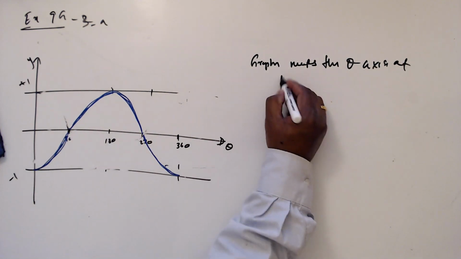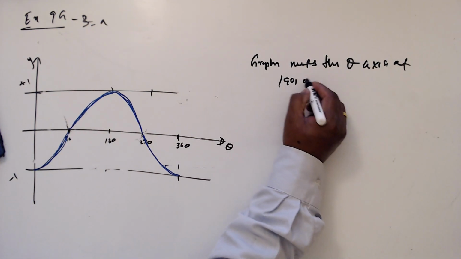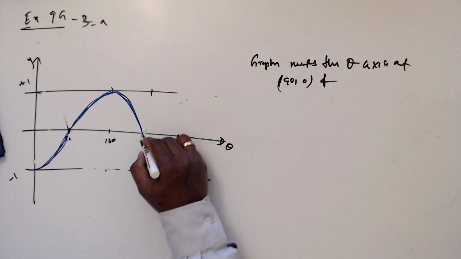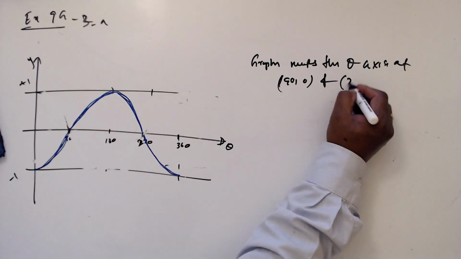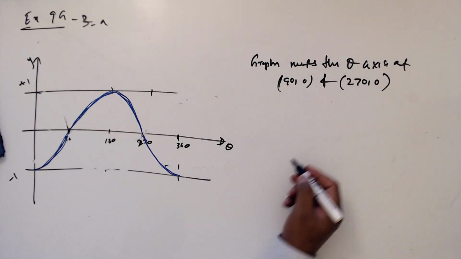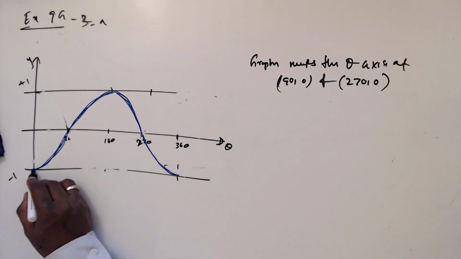The coordinate of this point is 90, 0, and this is 270, 0. Y-axis is here.